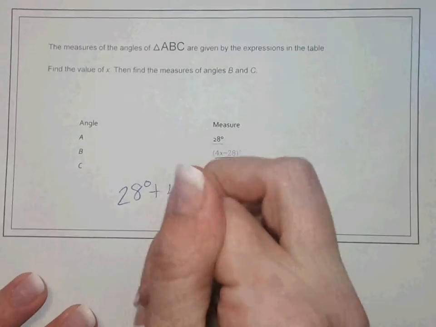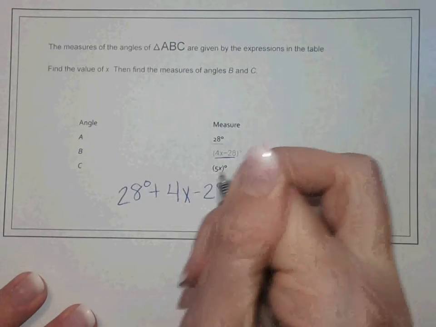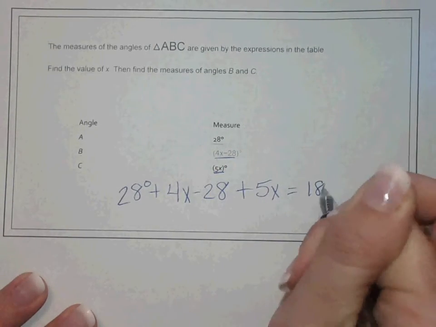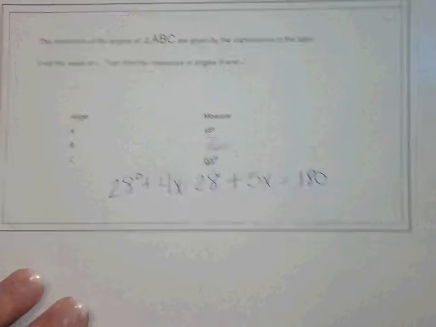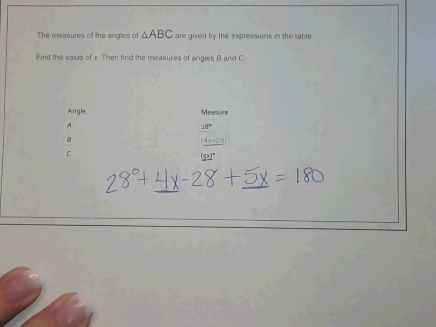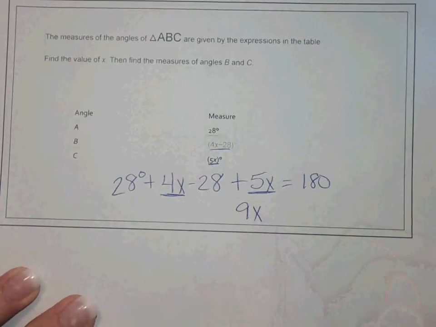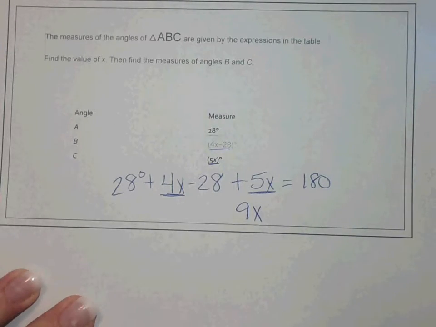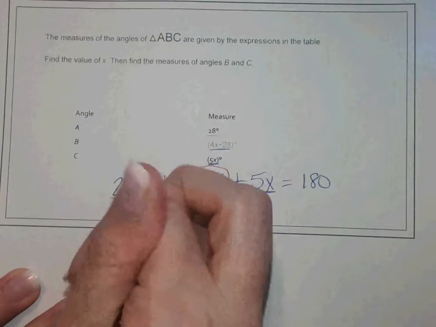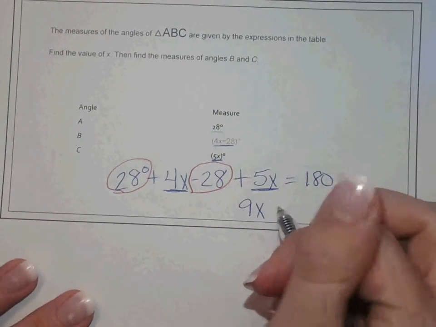So all I have to do is just add them together. So I'm going to write them out. 4x minus 28 and 5x equals 180. So the first thing I'm going to do is combine like terms. So I see 4x and 5x, so that's 9x, and then I see minus 28 and positive 28, so that gives me 0.